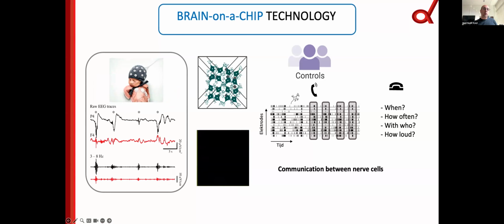For example, especially just before birth, here's an EEG recording of a preterm, and you see this kind of activity over very different brain regions. If we filter this, then we see that this activity is also synchronized across different brain regions. So this synchronized activity is really a feature of the developing brain. We like to think that at least we can somehow capture some aspect of that, even in a dish.